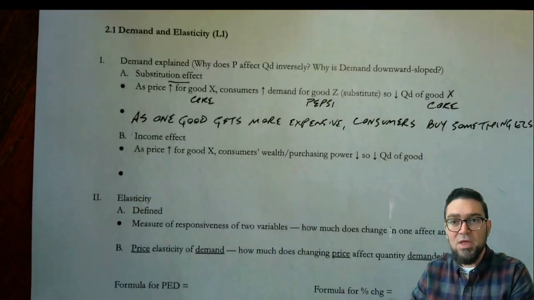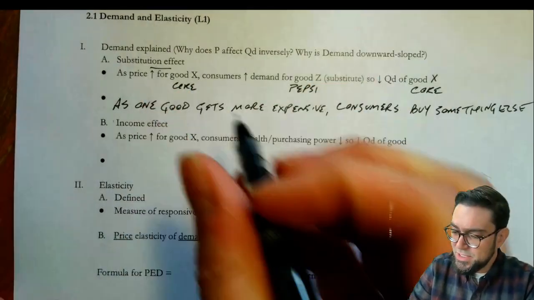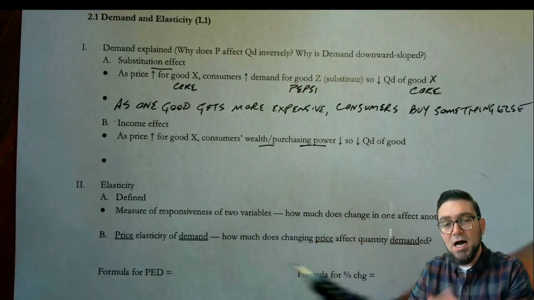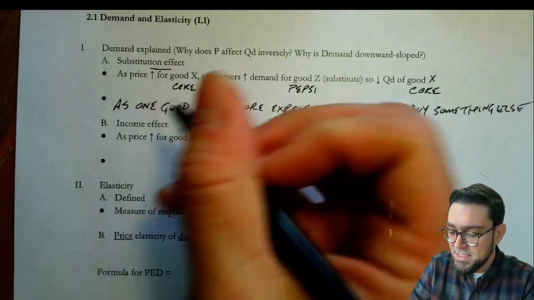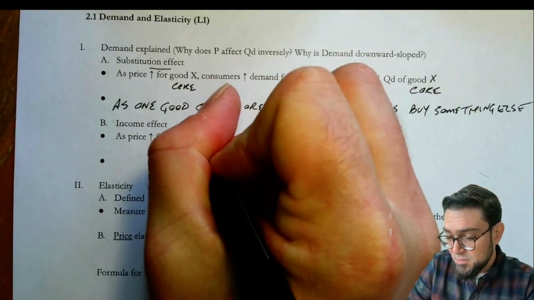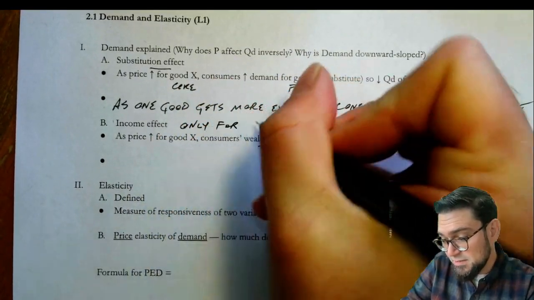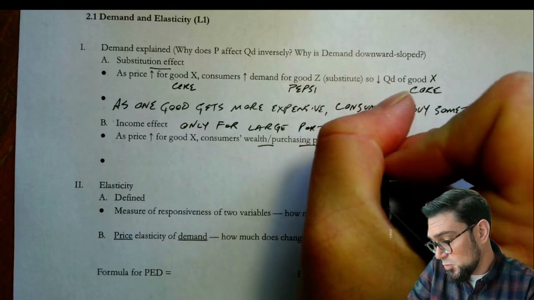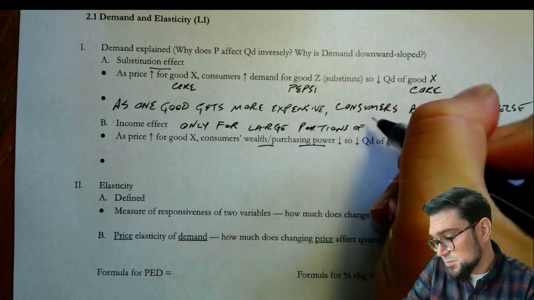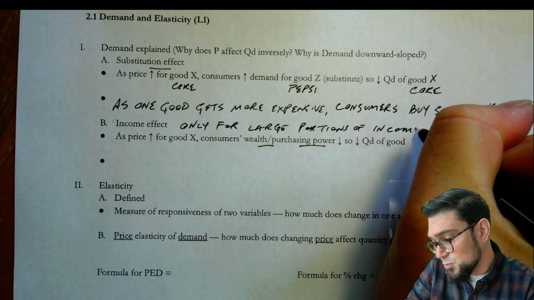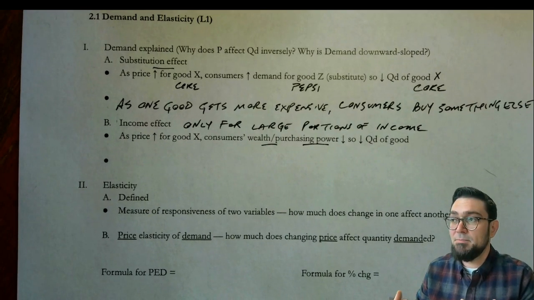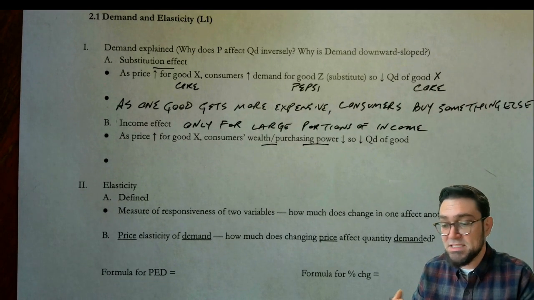The second thing here is really only true when we're talking about the wealth or the purchasing power of the buyers being affected. So this is mostly for large portions of your income. This one doesn't always play a huge role in explaining why people buy less of, say, Skittles.